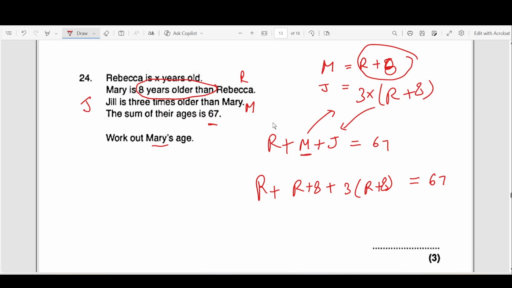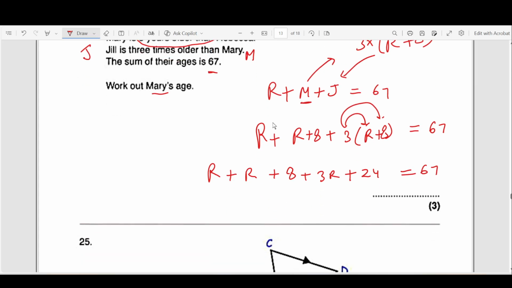Now let's first open this bracket. We have R plus 8 plus 3R, with a plus sign there, plus 3 times 8, 24. We have 67 this side. Now just add R and 3R. So we get 4R and 5R. 5R plus 24 plus 8, that's 32, equals 67.